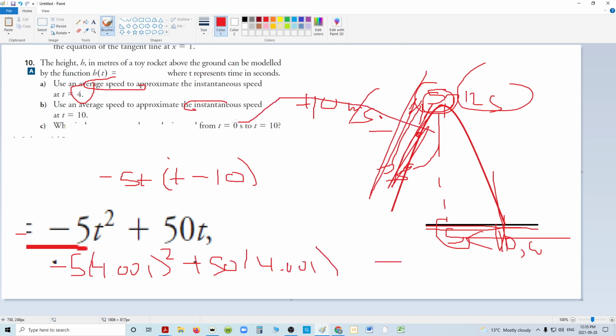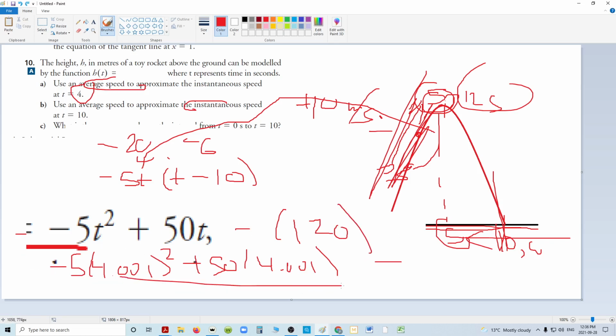At 4, this is minus 20 times minus 6, which is minus 120. Okay, so I just need to figure all that out, and I have to remember to divide by h, 0.001.